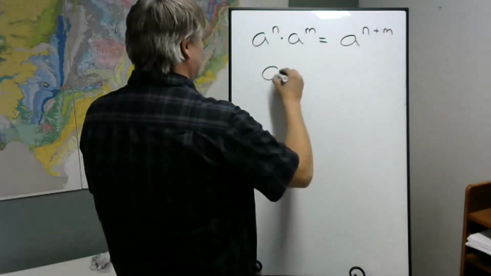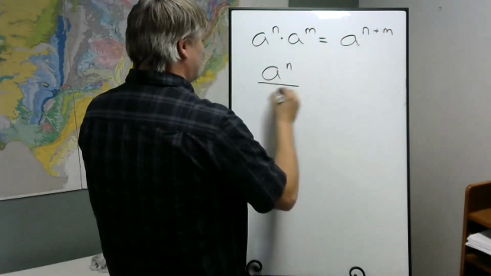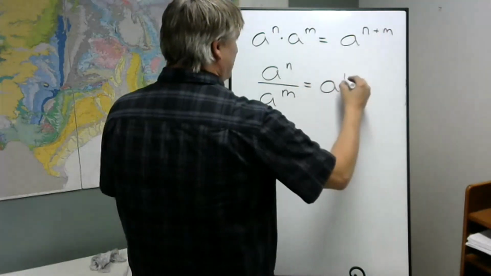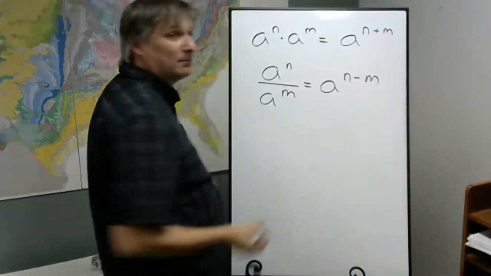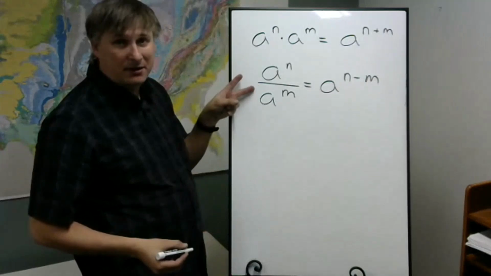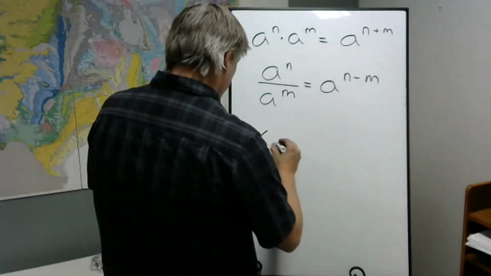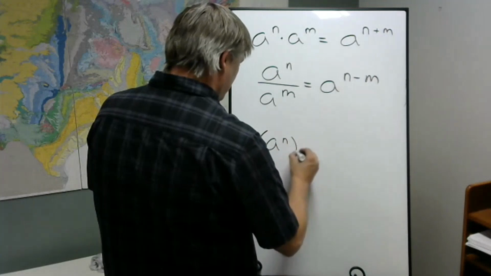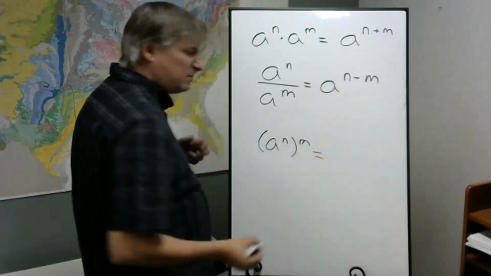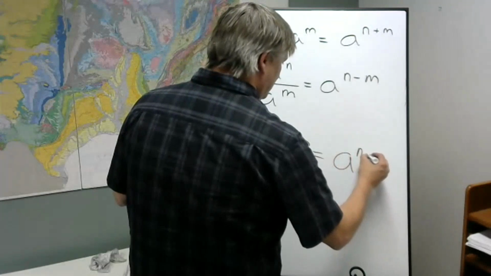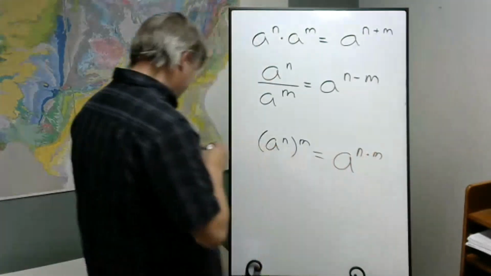Likewise, a to the n over a to the m, a to the n minus m. Again, the bases are the same. And then this one, a to the n to the m, we've been doing this already. A to the n times m.